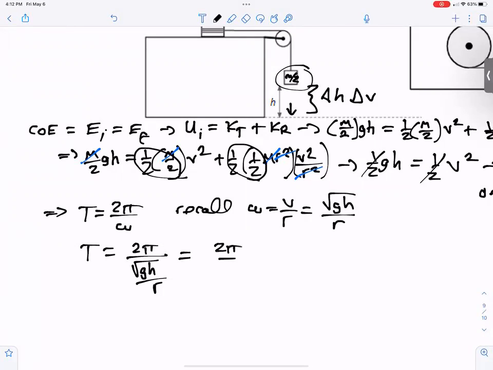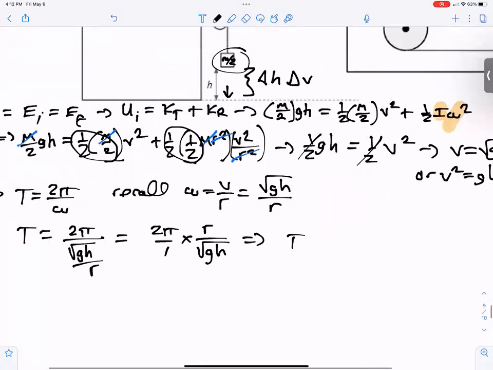That would be 2 pi over 1 times r over the square root of gh. And that is a suitable expression for the period, or the time it takes to complete one revolution. 2 pi r over the square root of gh.